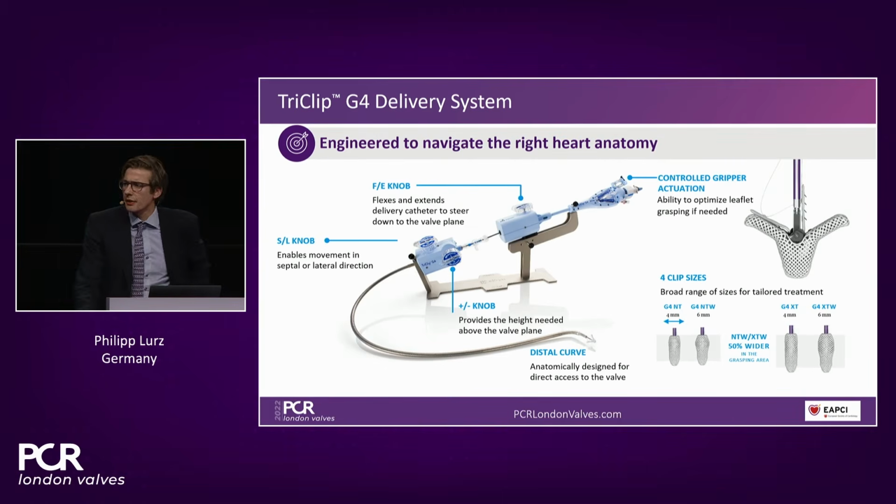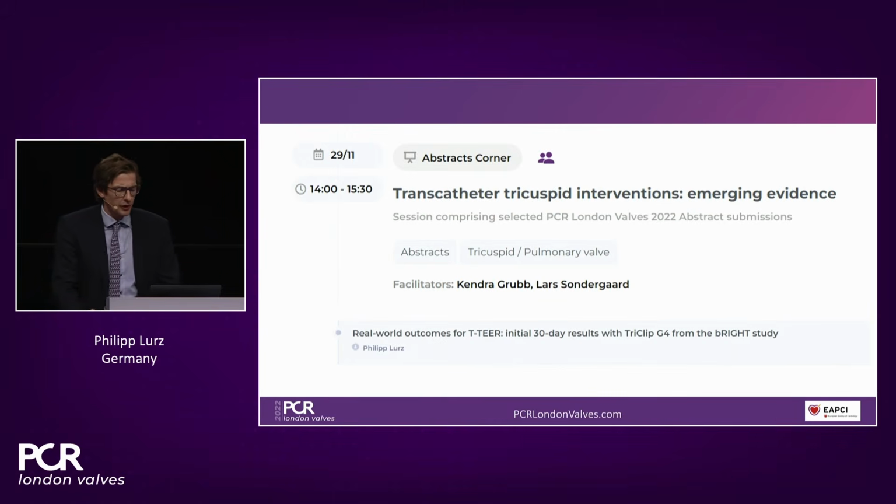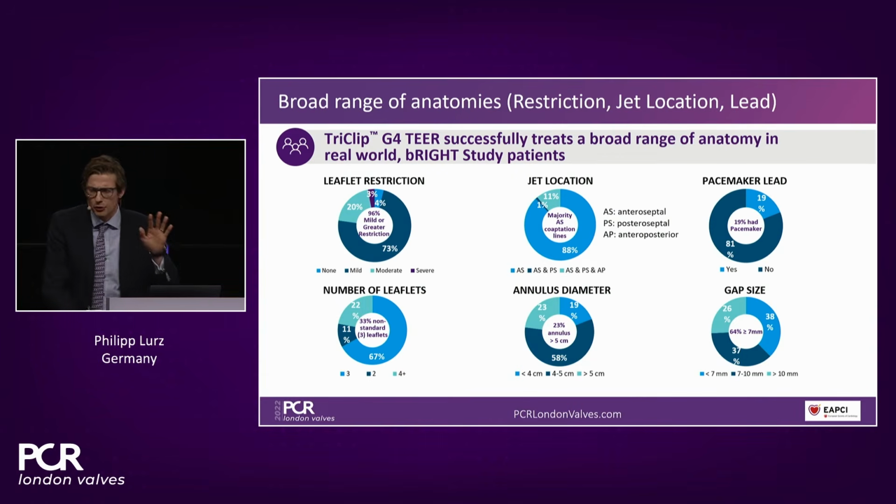Most patients were treated for this 1-year analysis with the G3 device, but as you've seen, there's obviously also the G4 TriClip system now allowing independent grasping. There will be a more detailed analysis this afternoon comparing G3 with G4, but just 2 remarks.